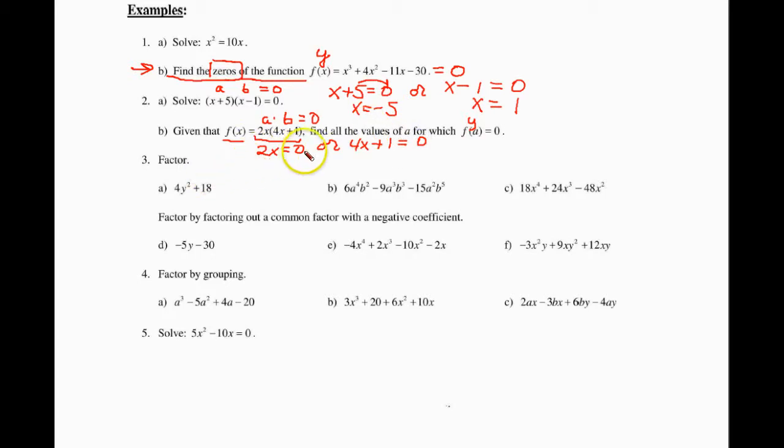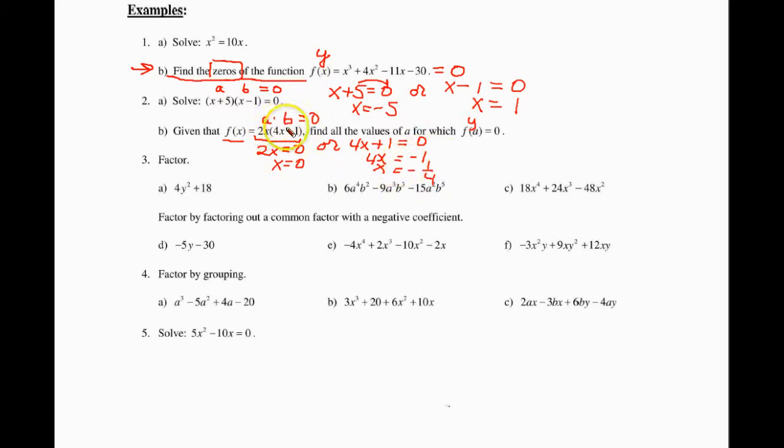So here we divide both sides by 2, and we get x equals 0. Here we're going to transpose the 1, get a negative 1 on that side, 4x, divide both sides by 4, we get x equals negative 1/4. We have found the zeros.